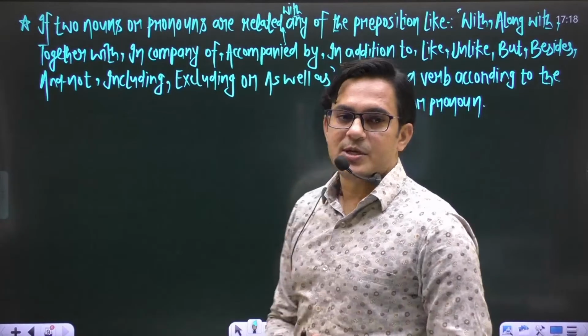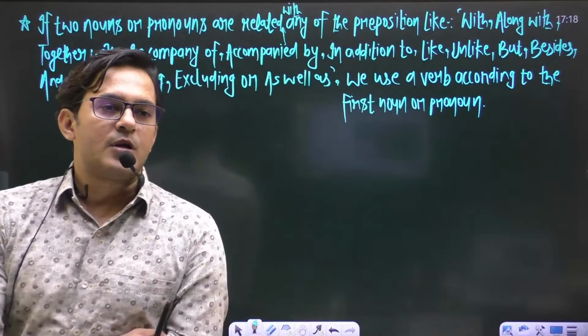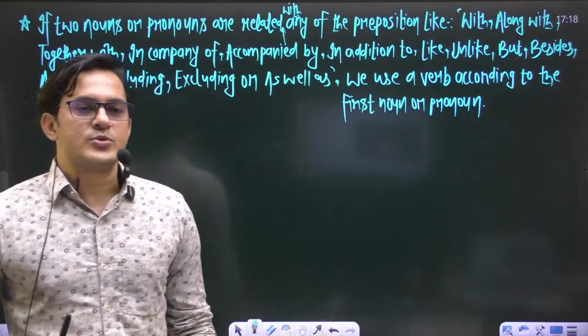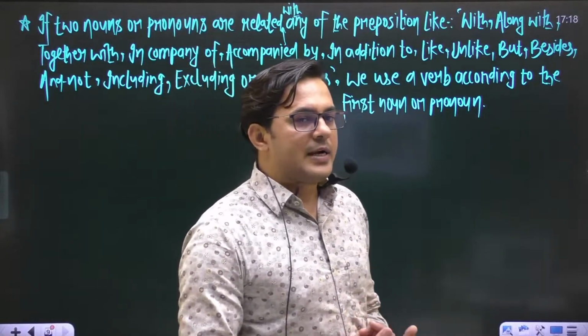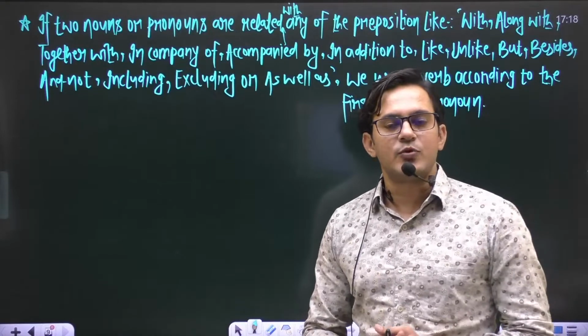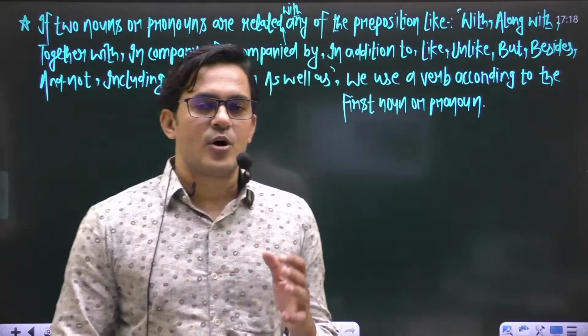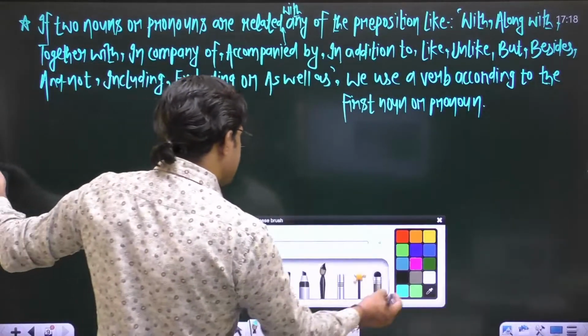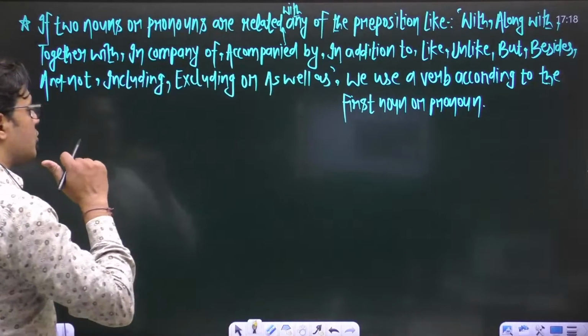This one is the concept, right? If two nouns or pronouns are related by any of these prepositions, we use a verb according to the first noun or pronoun. So this one is the case. Let's move to the next concept.